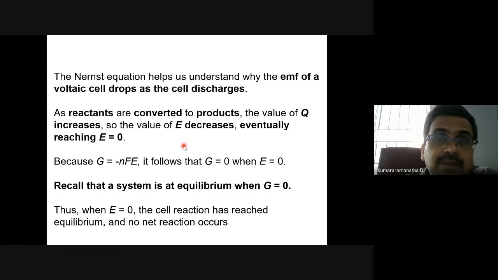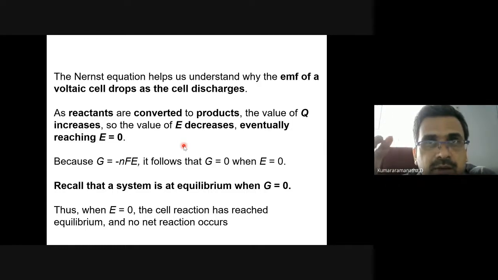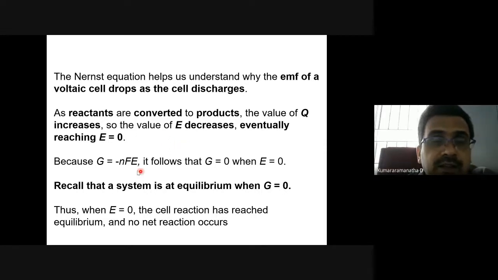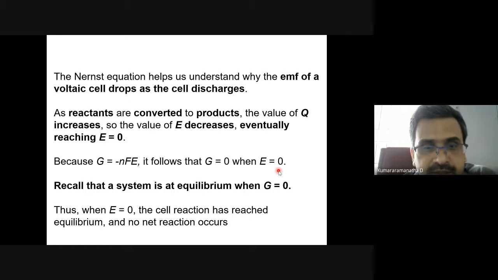And what happens at equilibrium, when the reactants and products are of the same concentration, we get natural logarithm 1, which becomes 0. So you already know that if Q is equal to 1, then E is also 0, so there is no free energy in that system.